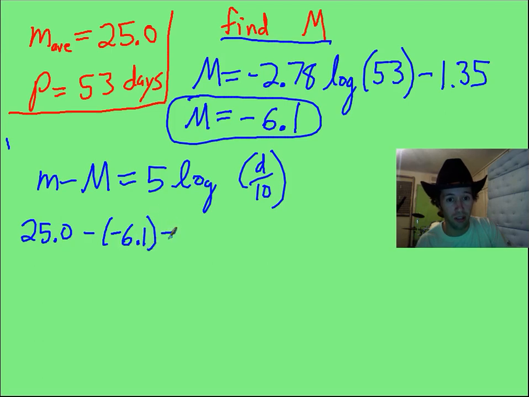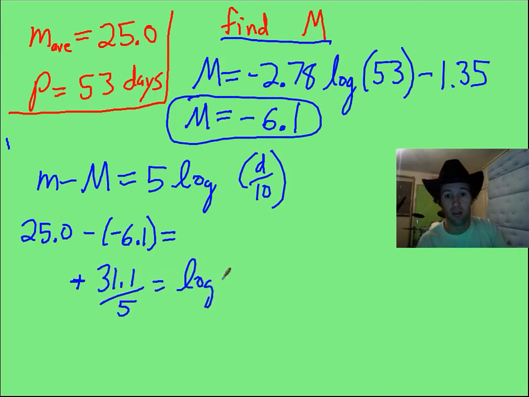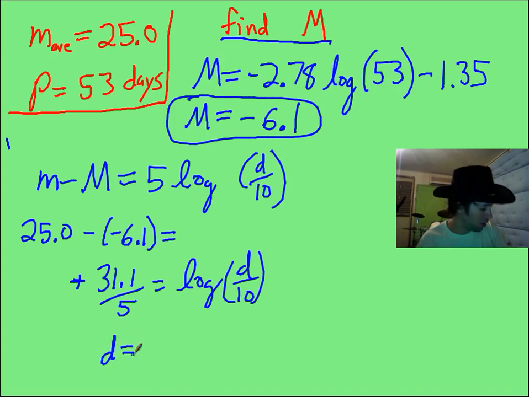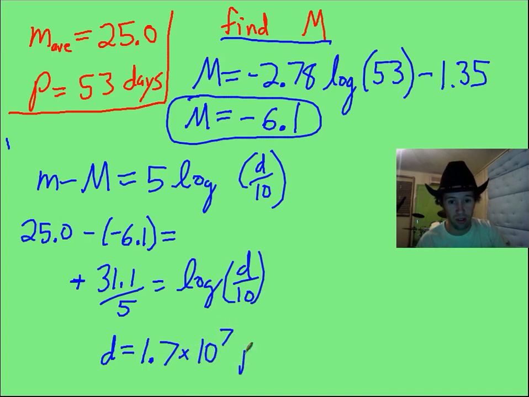Don't screw up your negative signs. And then you're going to end up with a plus 31.1 divided by 5 log of d over 10. You're going to do some fancy algebra, a 10 to the whatever power, and eventually you'll end up with a distance of about 1.7 times 10 to the 7th parsecs, which is crazy far.